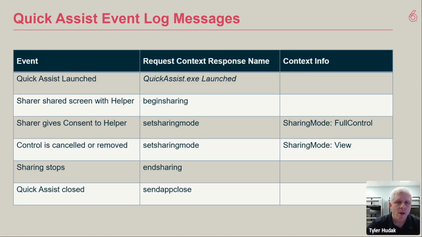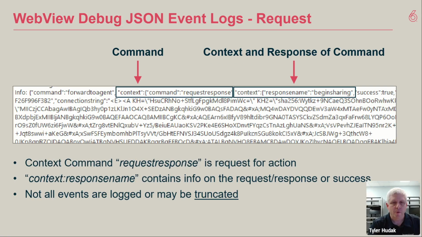All right, so I'm going to jump back here for a second. Recall in the request event logs and even the responses, you have this response name. You can see it here in the right hand box where it says begin sharing. Whatever is in that response name field is the action that was performed in Quick Assist.